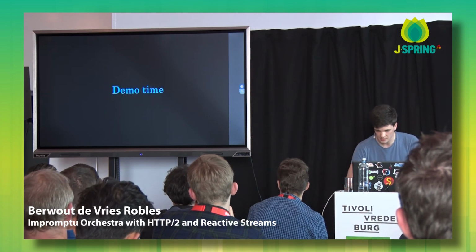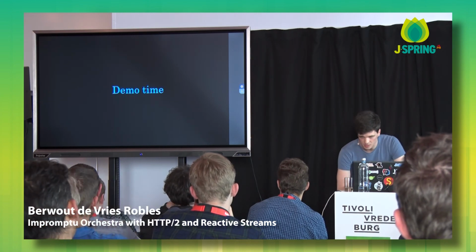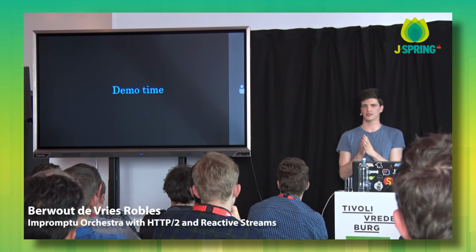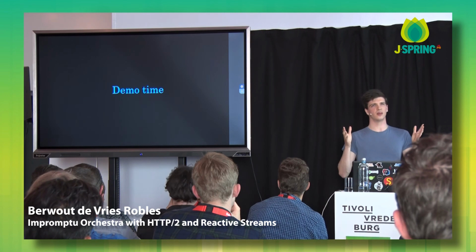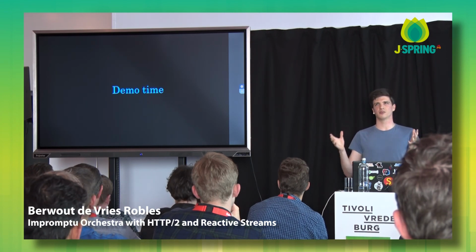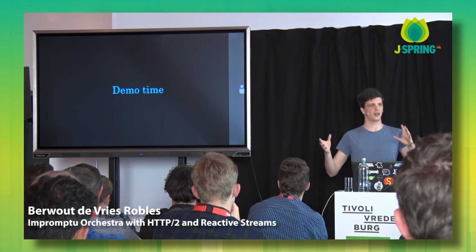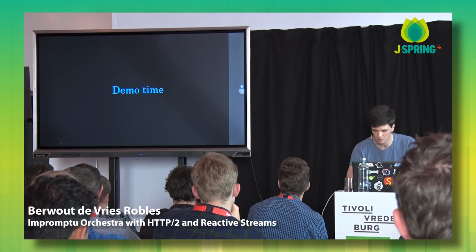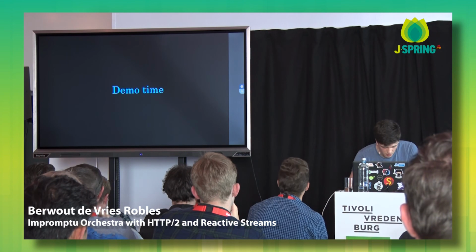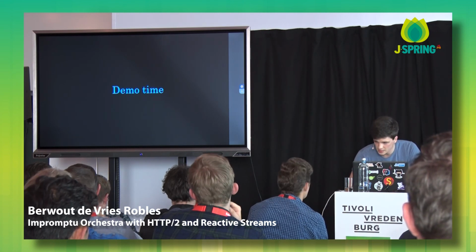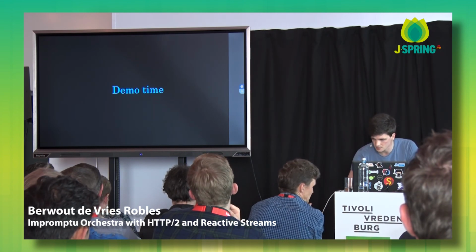All right, let's see that in action. So I figured the orchestra was a nice metaphor, but then I thought, can I also build an orchestra? So I figured, how would you go about that? And I opened up my IntelliJ. Let me see.